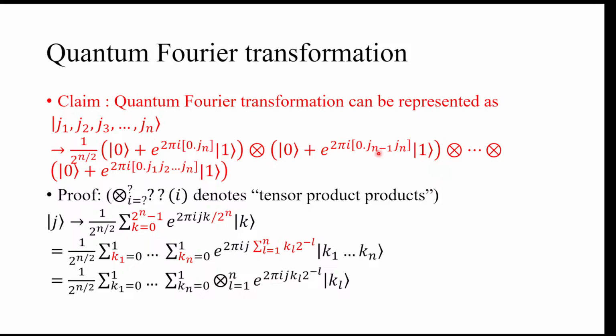On the second qubit, you have 0.j(n-1)jn, the last two bits. And you add one bit at a time all the way to 0.j1 to jn.